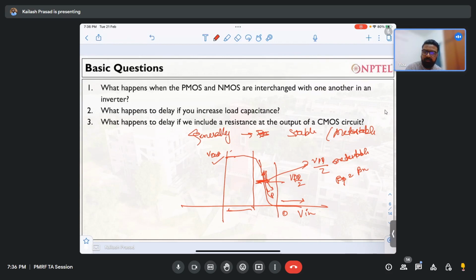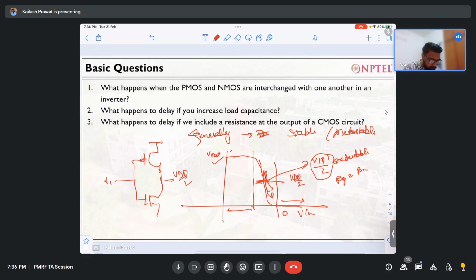Do you agree? Everybody agrees? So VDD by 2 at the output is the metastable state, but what input you provide to get VDD by 2 at the output will depend upon beta p and beta n. So if this is an inverter and this node is VDD by 2, then it's a metastable state.